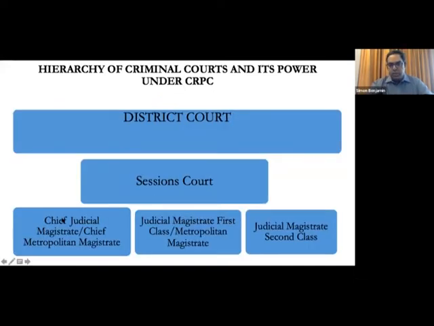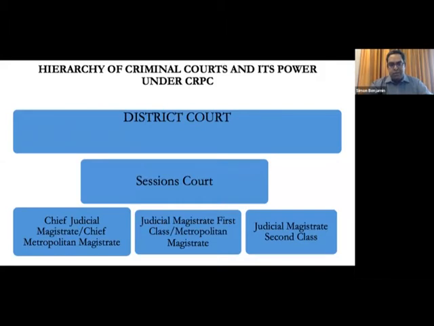So we'll see the district court essentially today because we're looking at trials. At the top of the chain, we have the Sessions Court, which also deals with a specific kind of trial that it is originally supposed to look at, apart from the appellate jurisdiction that it has over the magistrate courts. And these are the other magistrate courts which are placed before you at the bottom of the structure.